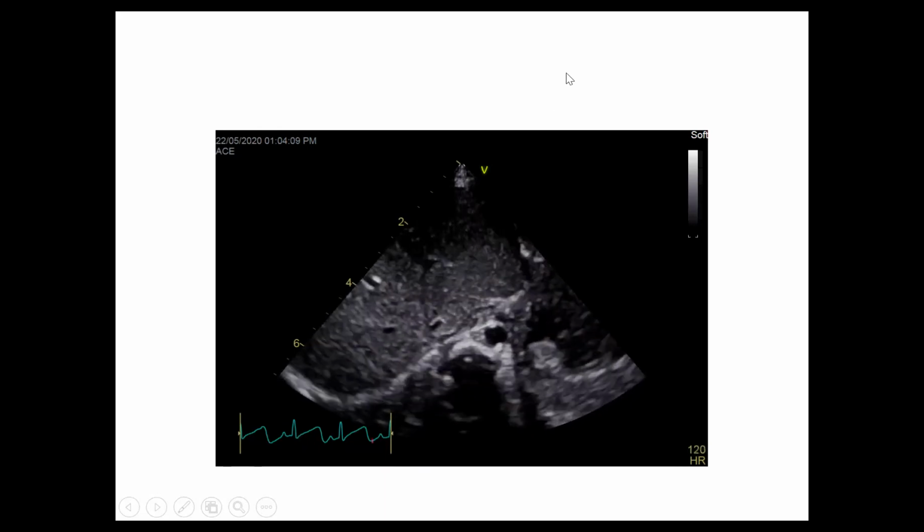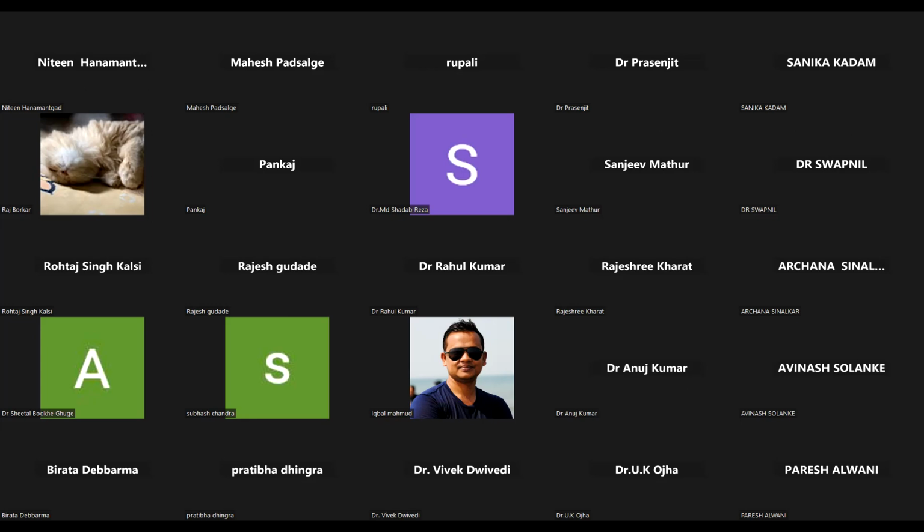This is one part you asked me, and let me see the right-sided aortic arch. I think I've got one. Give me a second. There's one patient of a right-sided aortic arch we did record, and I've got it in my computer.